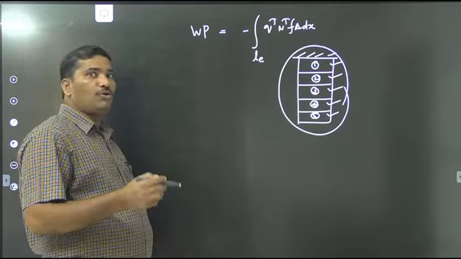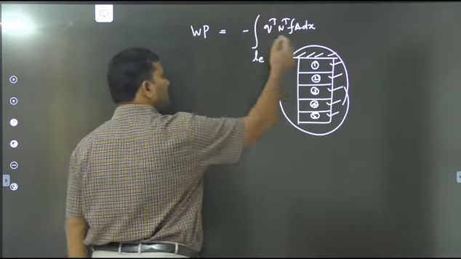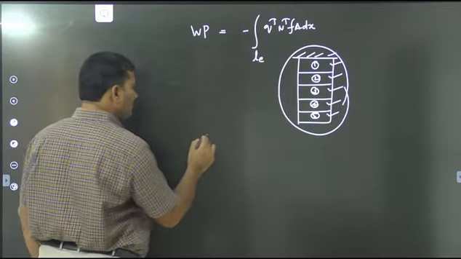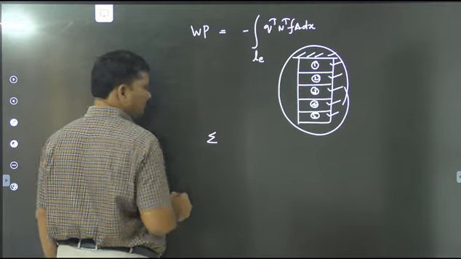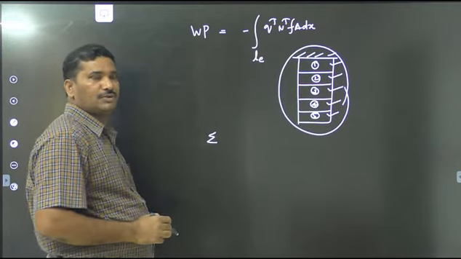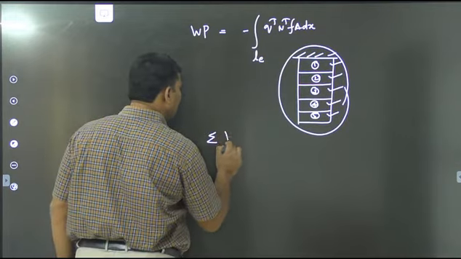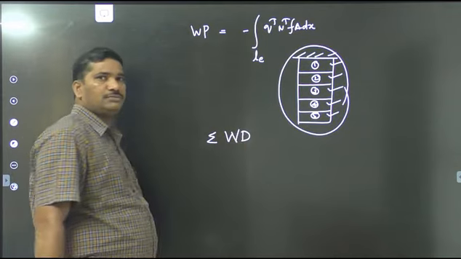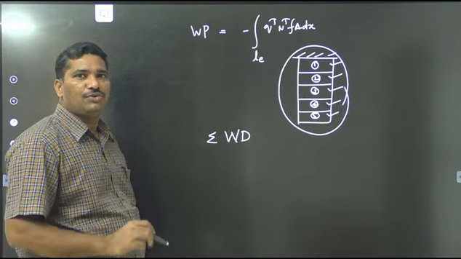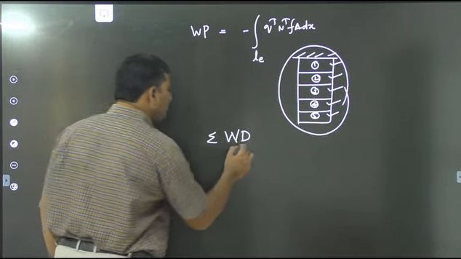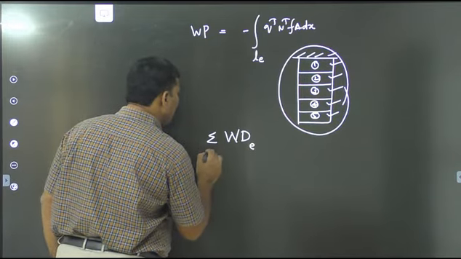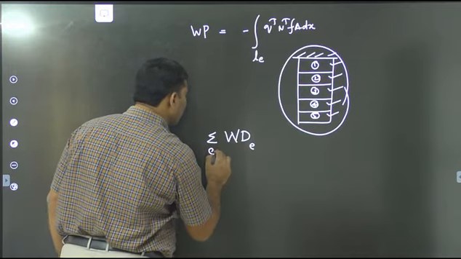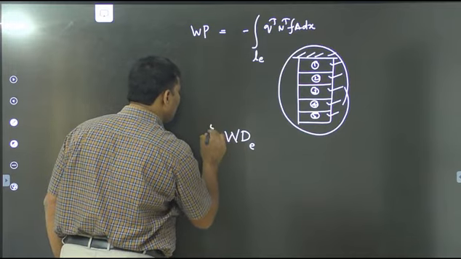Therefore, work done by the body force of this entire elastic solid, how do you get it? It is the sum of the work done by the body force of the element E, where E varies from, in this case, 1 to 5.